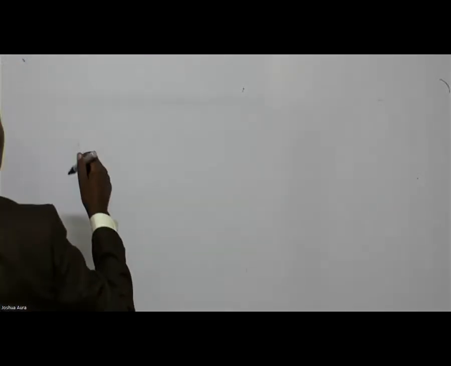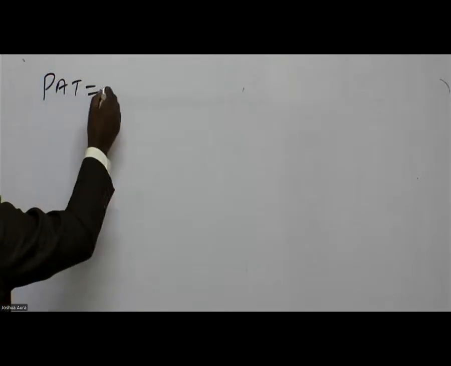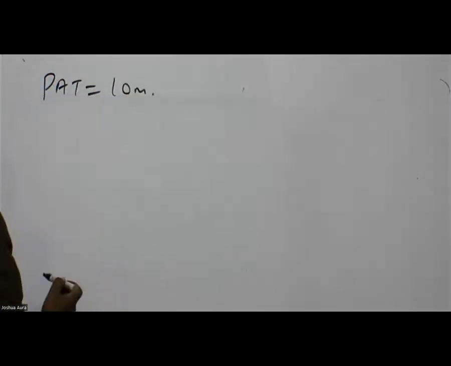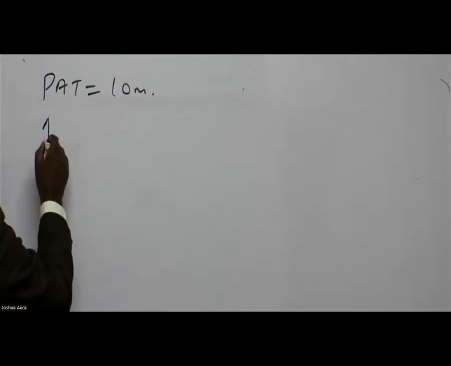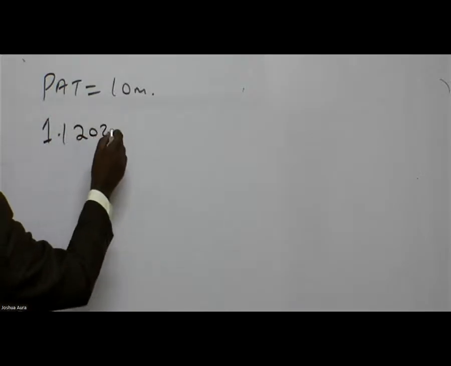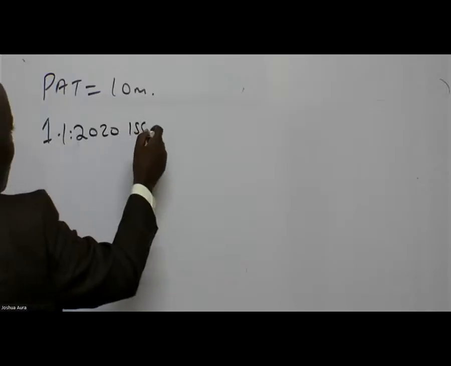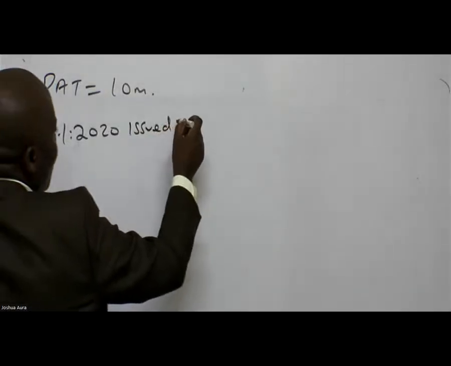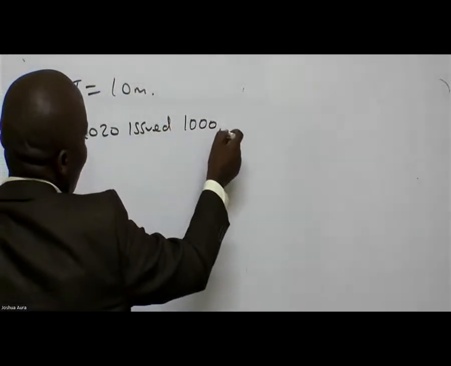So this example is a nice one now. They have given us profit after tax as 10 million. And then we have here 1st of January 2020, we issued 1 million shares.